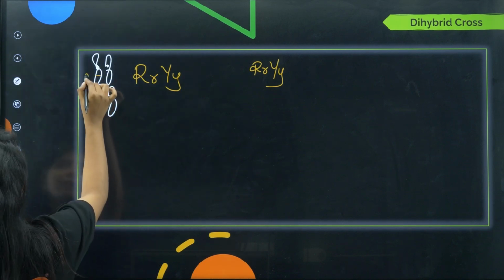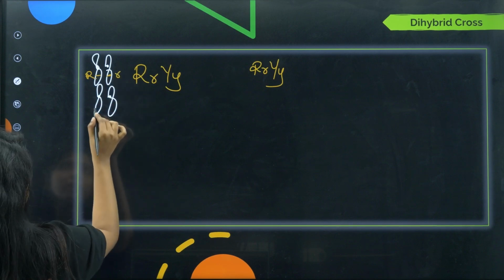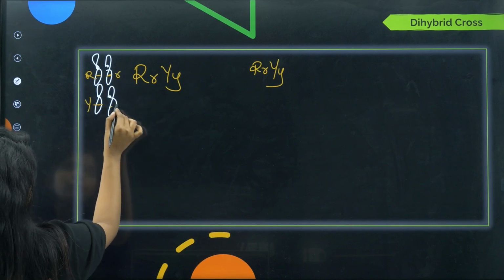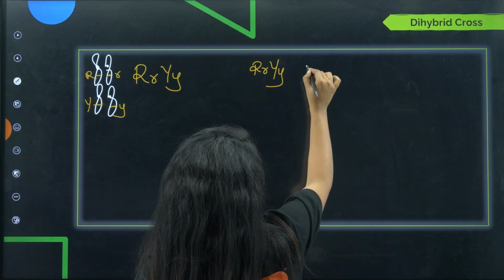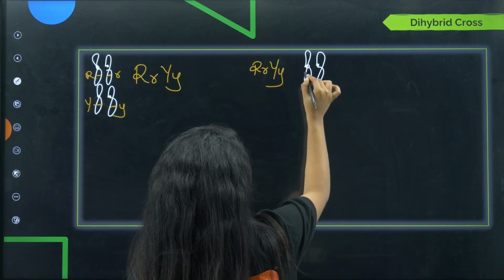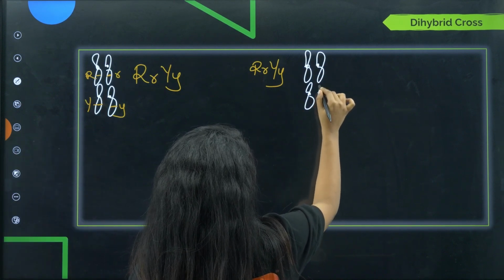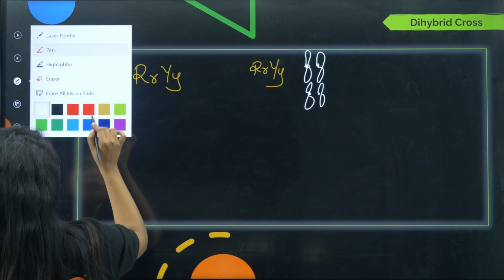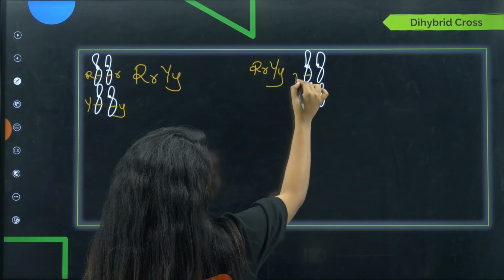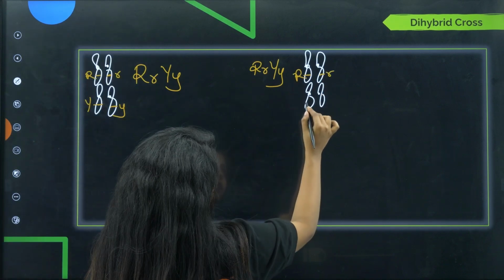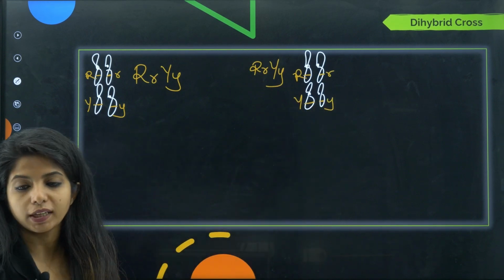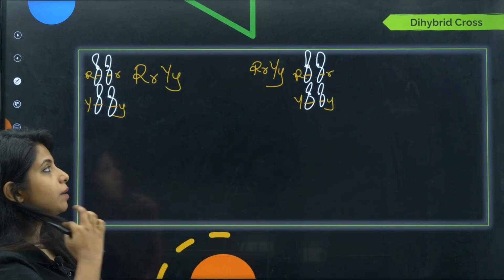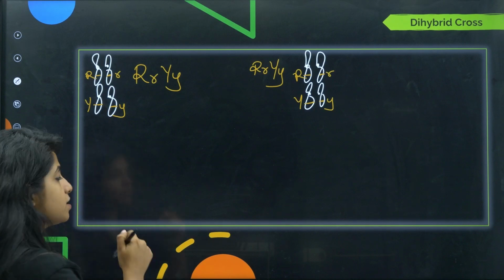Over here you will have capital R, here small r, over here capital Y, and over here small y. Same thing we can draw there also. Now during gamete formation, what will be the gametes?